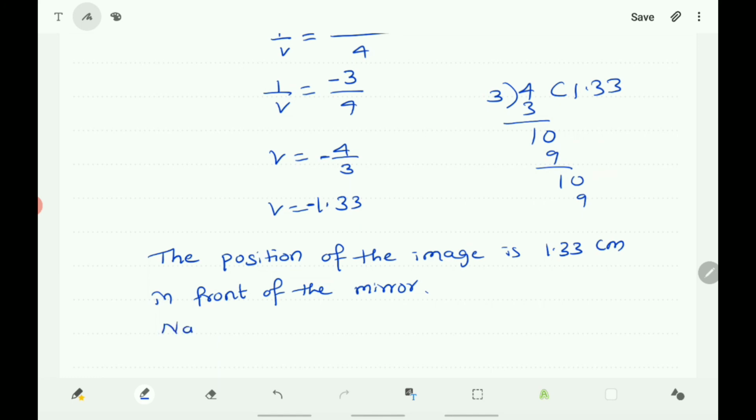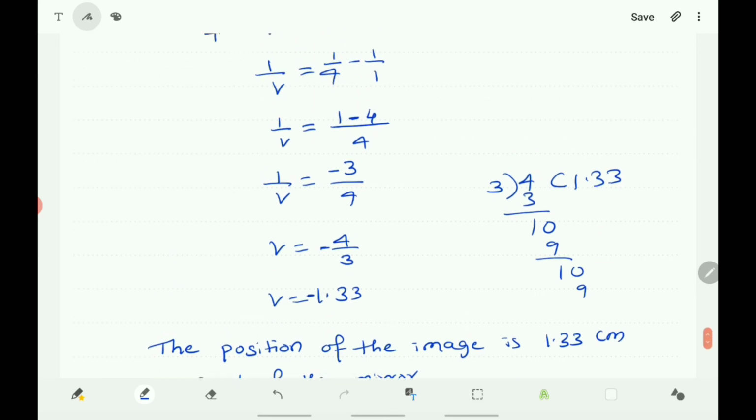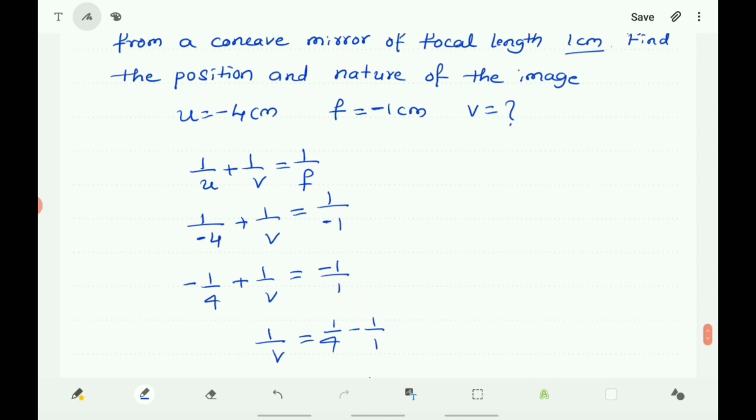So what is the nature of the image? That is real and inverted. So this is about some examples we can solve with the help of the mirror formula.